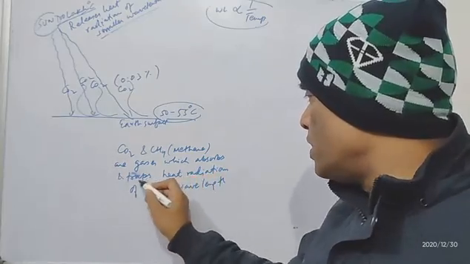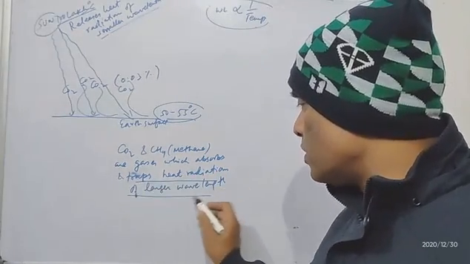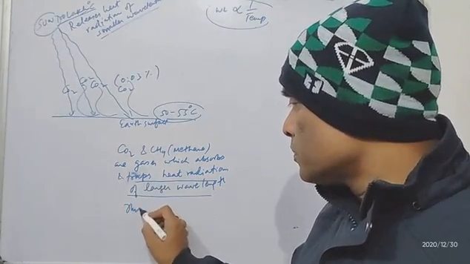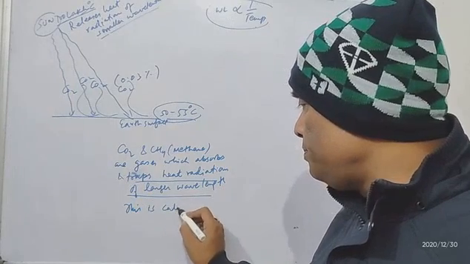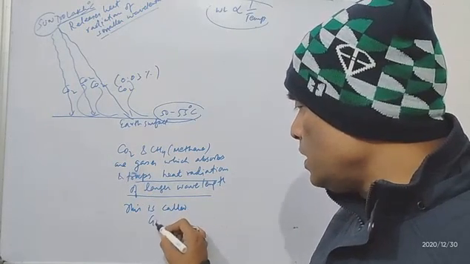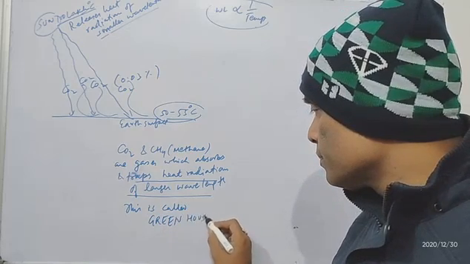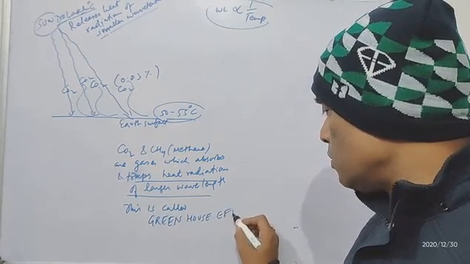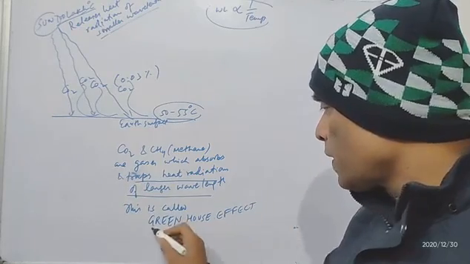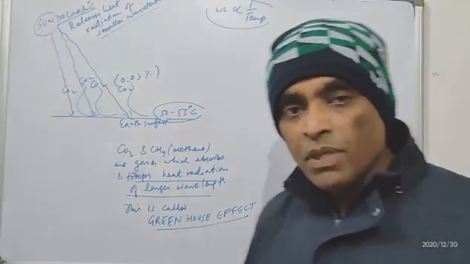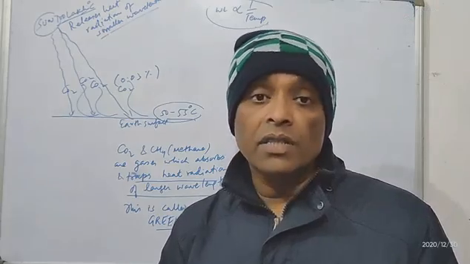This trapping of the heat radiation in the atmosphere is called the greenhouse effect. Trapping of heat radiations which are of larger wavelength.